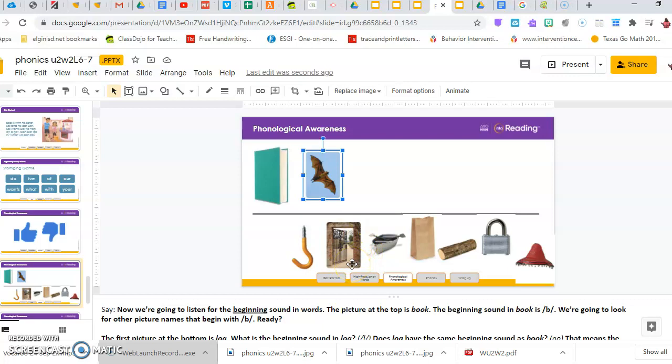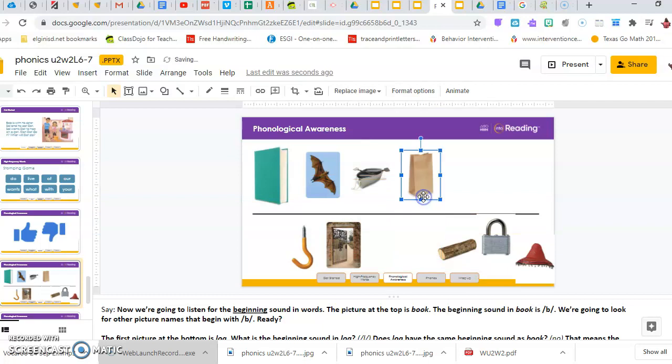What about the gate? Does it begin with a B? No, it does not. What about this boat? Does the boat begin with a B sound? Yes, it does. What about a bag? Does bag begin with a B sound? Yes. What about the log?